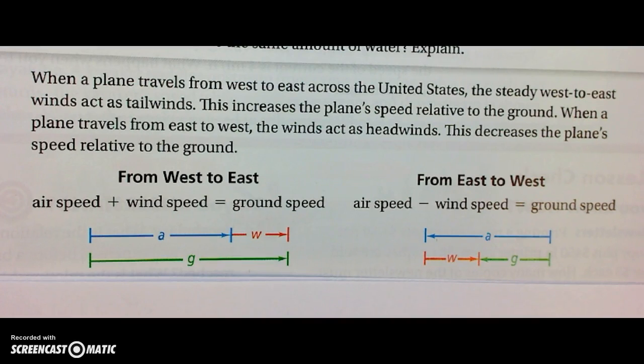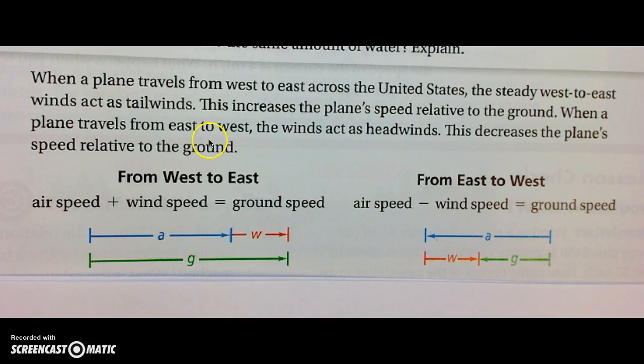When a plane travels from west to east across the United States, the steady west to east wind acts as tailwinds. This increases the plane's speed relative to the ground. So here from west to east, here's your airspeed. You have to add in the wind speed, and that's how you get the ground speed.